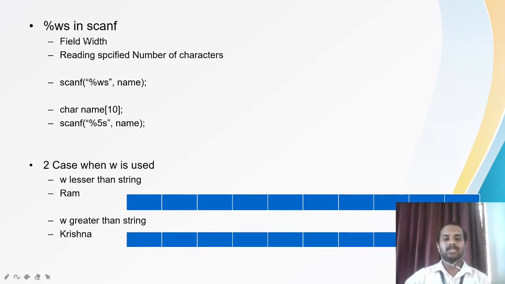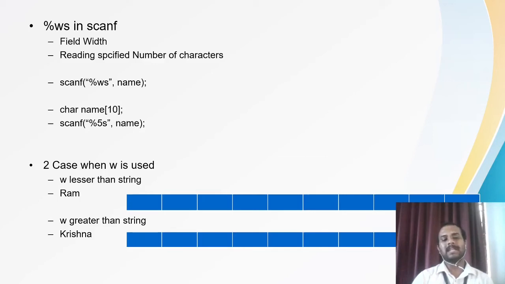You can also mention the field specifier, which is again very similar to the managing input and output class, where the field specifier, that is W, represents the field width, and it will also specify how many elements you can take.